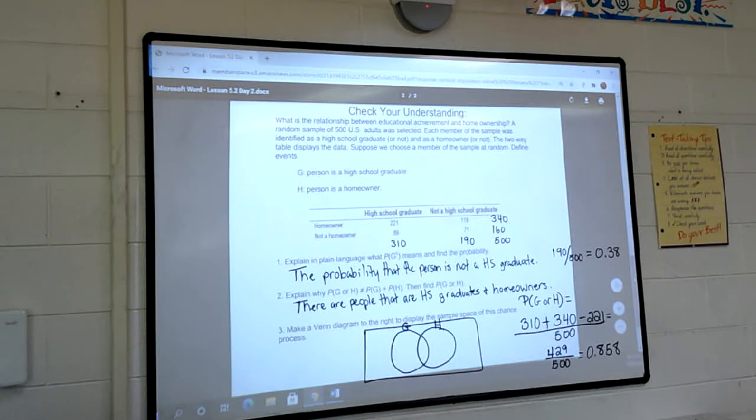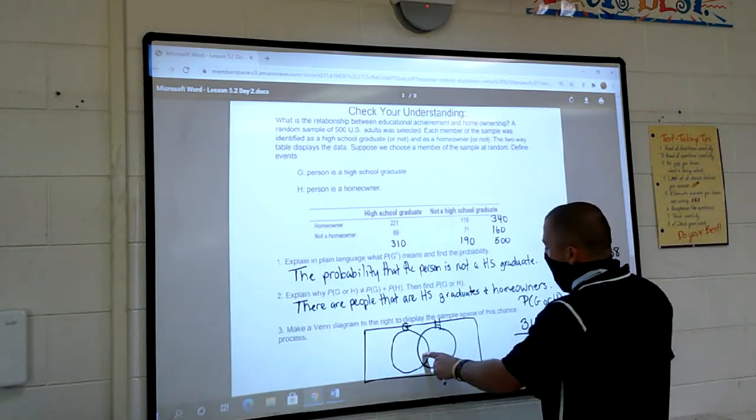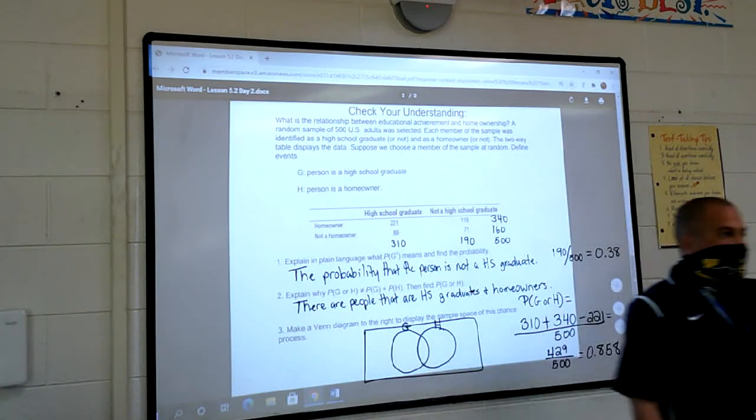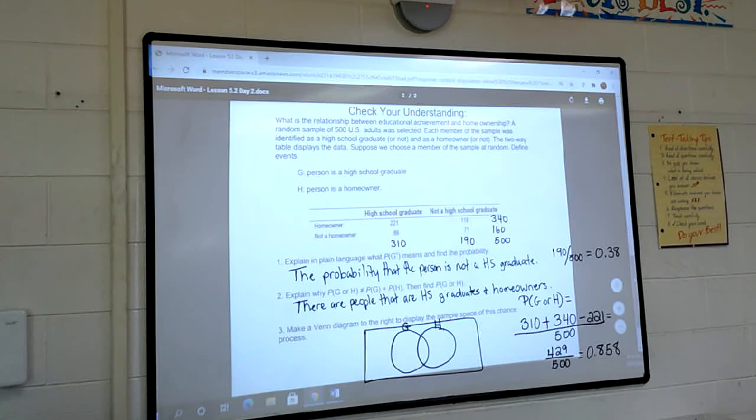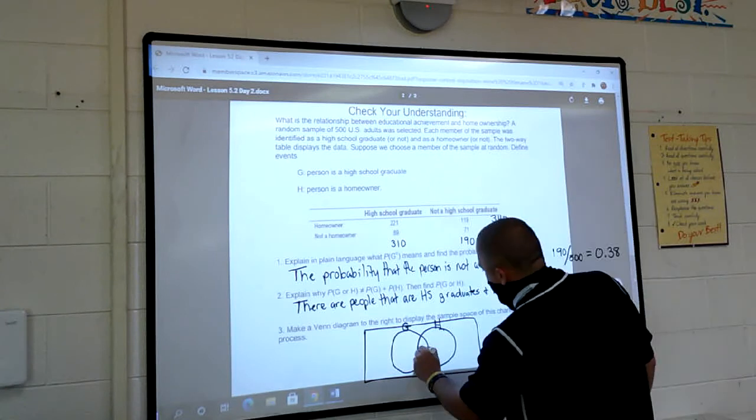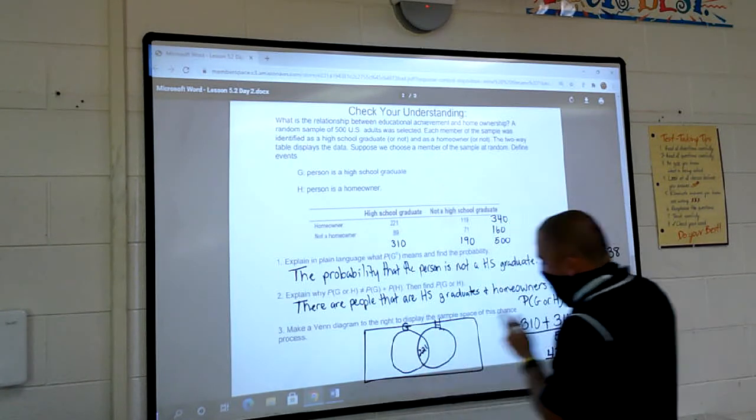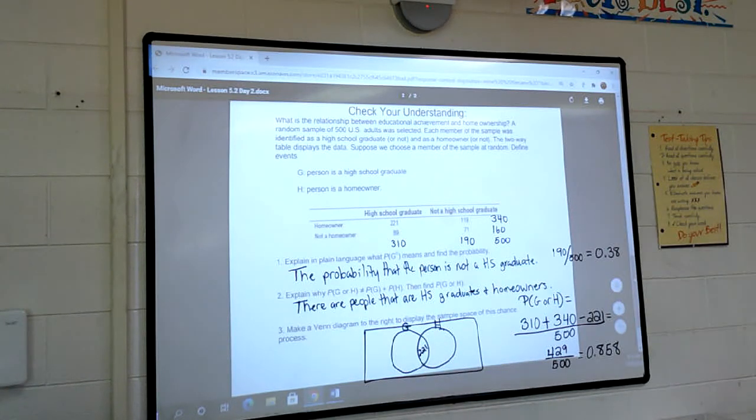So how many are graduates and homeowners in the middle? How many are graduates and homeowners? 221. Now, if you wanted the decimal, you could do 221 divided by 500, but we don't have to do that. Then we want to say how many are graduates but not homeowners.